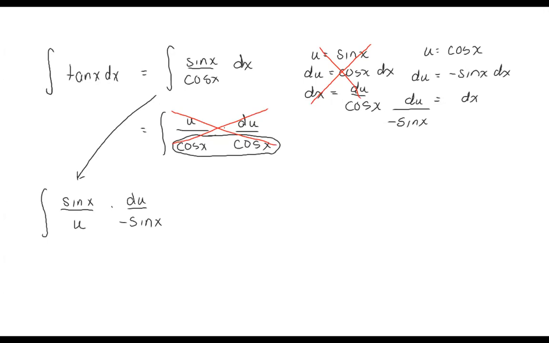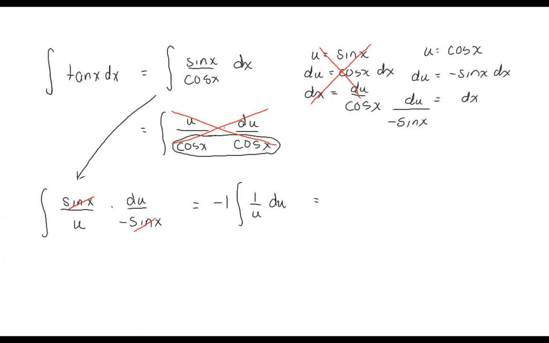I've got 1 sine in the numerator, 1 in the denominator, and those guys cancel. So this is really kind of nice. I've got negative 1 times the integral of 1 over u du. So if you do have a fraction and you notice that the numerator and denominator are derivatives of each other or close to that, you're almost always better off letting u equal the denominator so that your du can cancel with what's in the numerator.